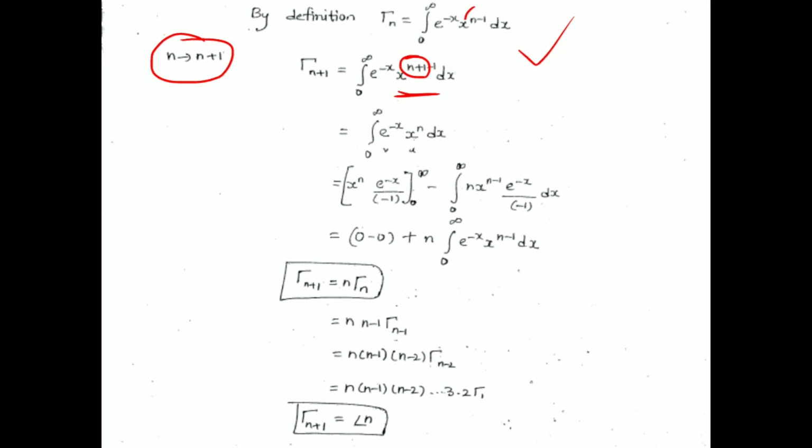So n is replaced with n plus 1 because we need to find gamma n plus 1 in terms of gamma n. After replacing, in dx, n plus 1 minus 1, the 1 gets cancelled and n remains. So we have the integral from 0 to infinity of e power minus x, x power n dx.